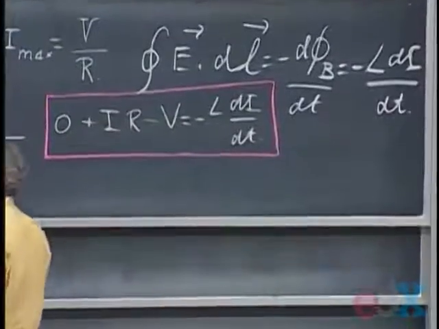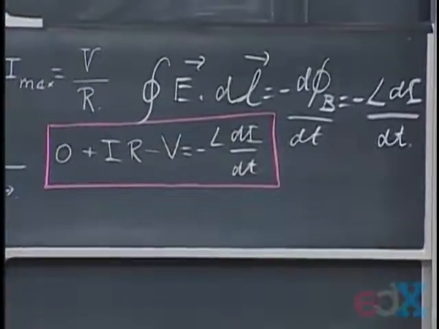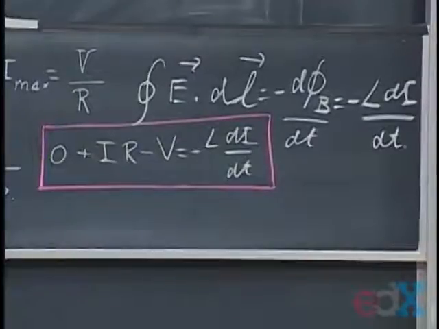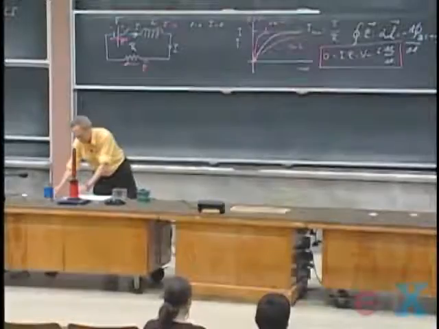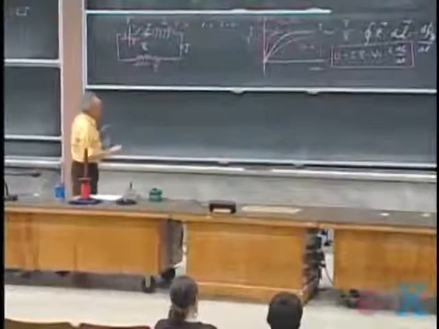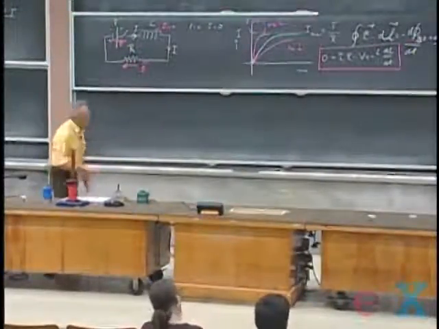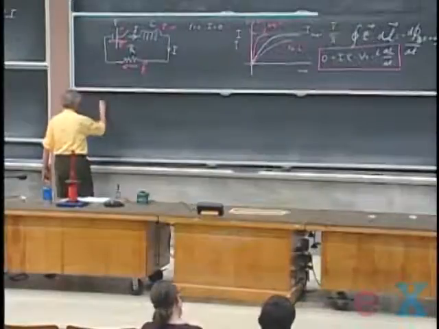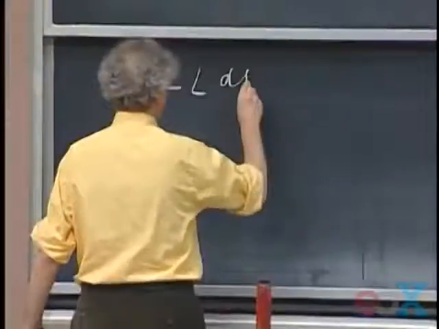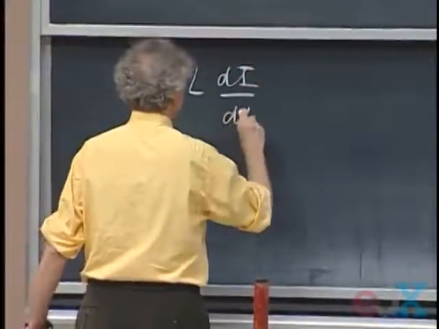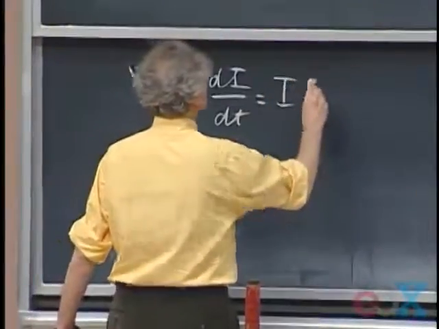You can write it a little differently, which may give you some insight. For instance, I can bring V and L di/dt to one side, so I can write down that V minus L di/dt equals IR.